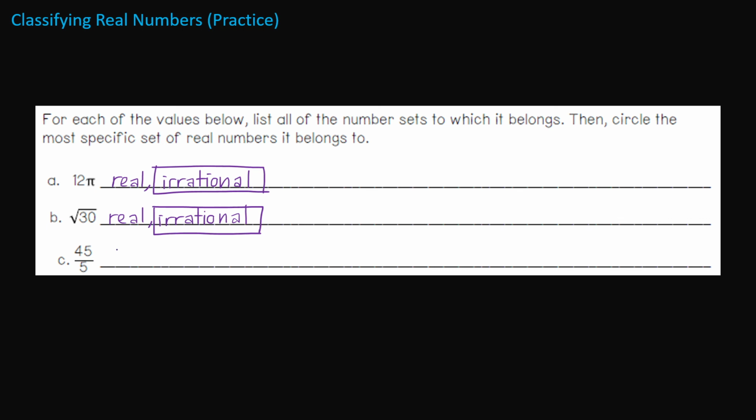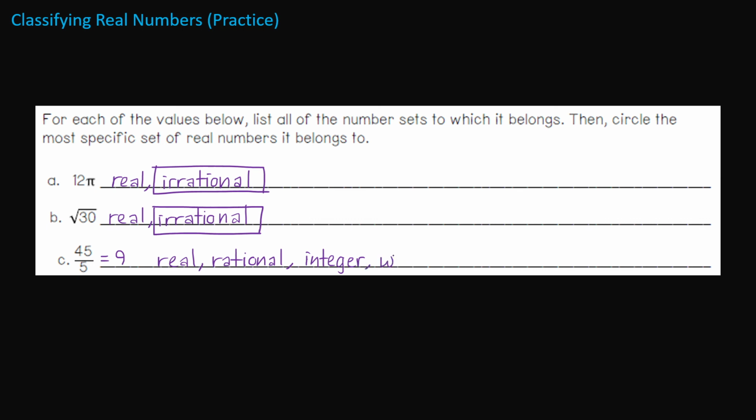And C, 45 divided by 5, or 45 fifths. If we reduce this number, it's just 9, positive 9. And we know that 9 is a real number. It is a rational number. It can be written as a fraction. It's an integer. It's in the set of whole numbers and their opposites.